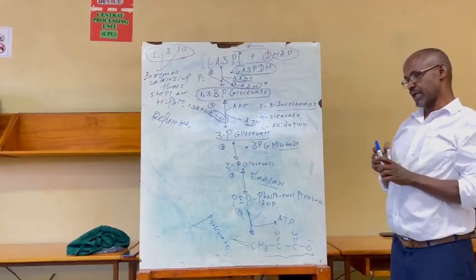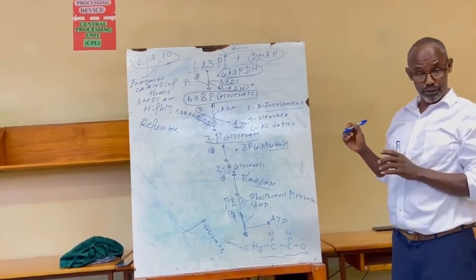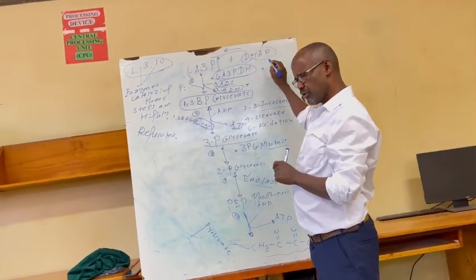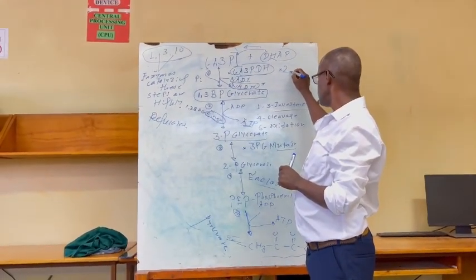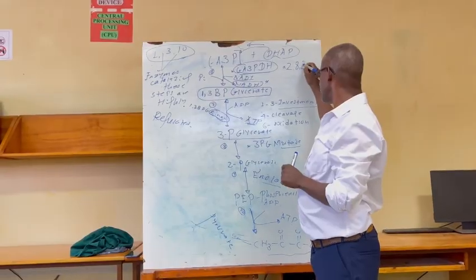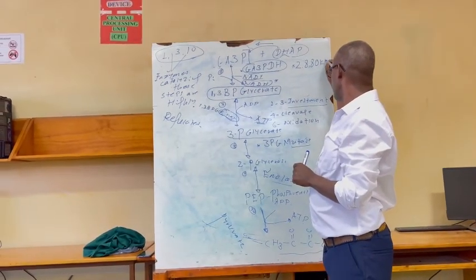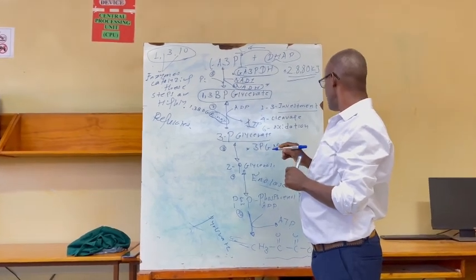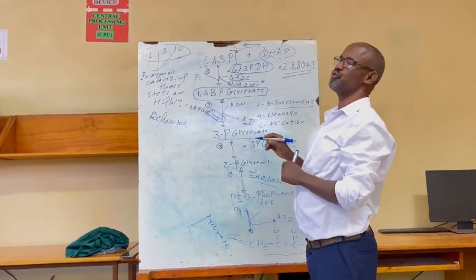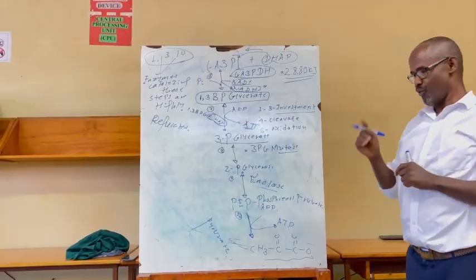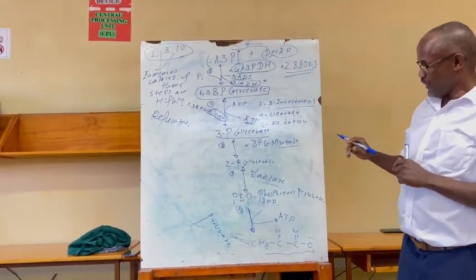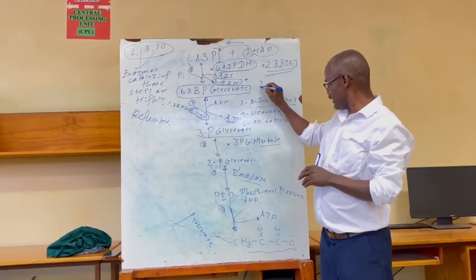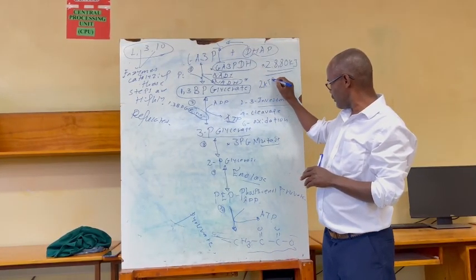Of course, as far as the energy in glucose is concerned, glucose contains a total of 2,880 kilojoules of energy per mole. If we think about glycolysis, net production is 2 ATP molecules.